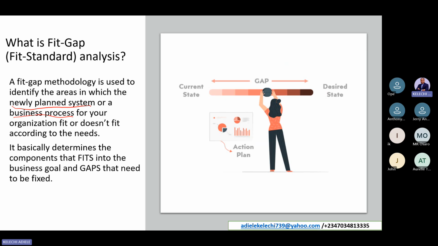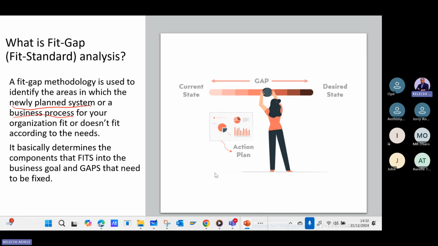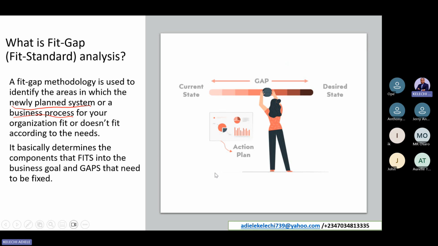So basically it's used to identify those areas that don't fit. Just like you have in your assignment, you have identified the gaps and the fits. It basically determines the component that fits into the business goal, the system that you want to implement, and the gaps that need to be fixed.